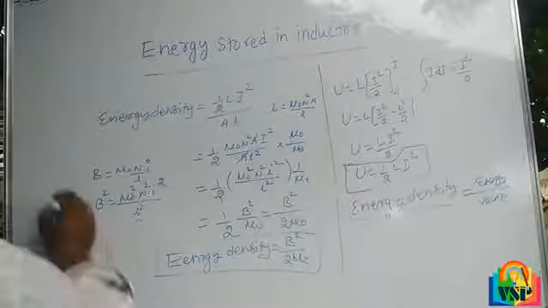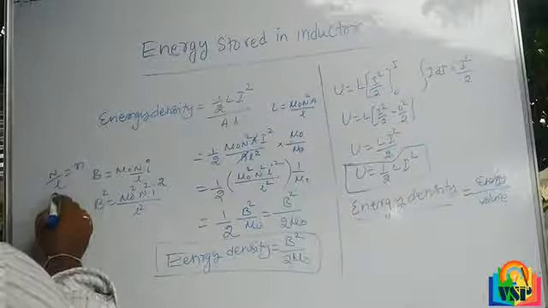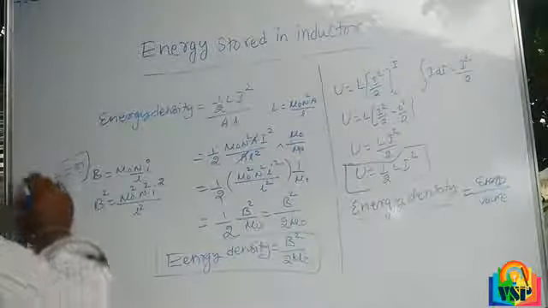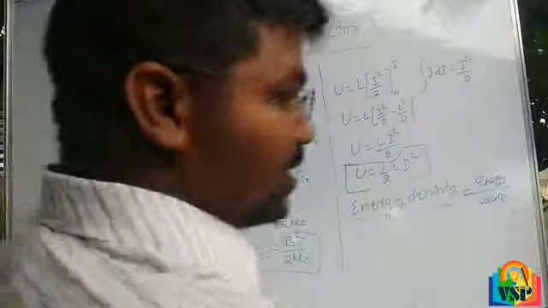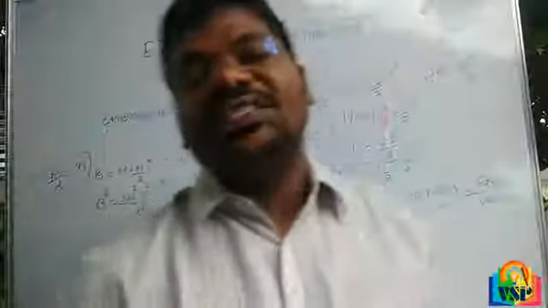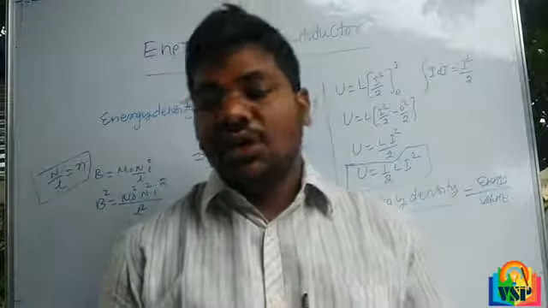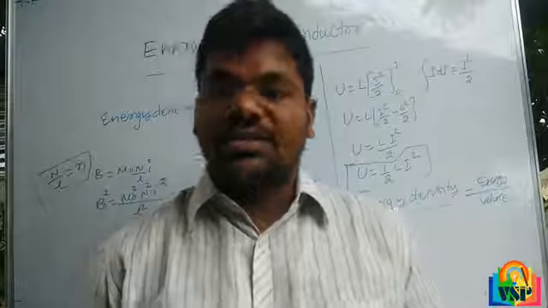So we know that N by L is equal to small n, the number of turns per unit length. These are the clues. Finally, energy density is equal to B square by 2 mu naught.